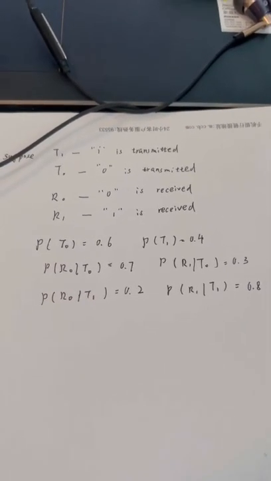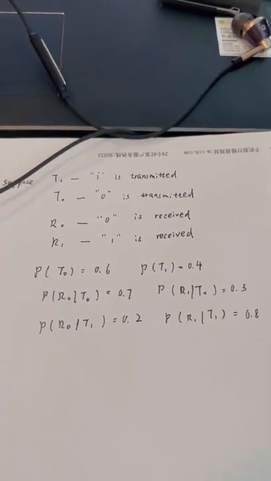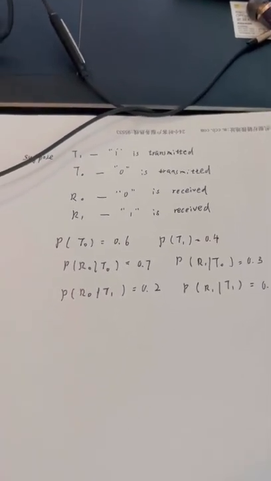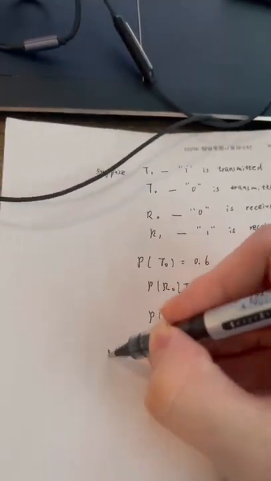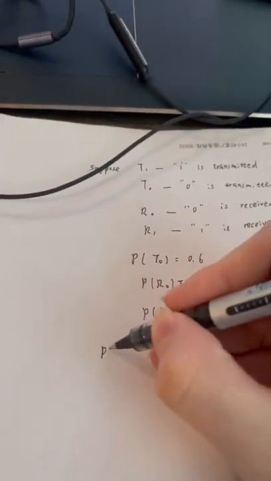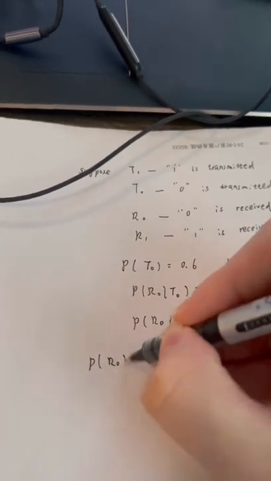The first sub-question tells us to find the probability that digital 0 is received. So it actually asks us to solve P(R0).